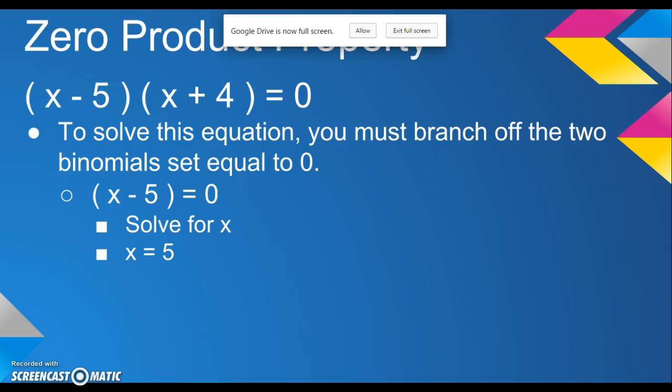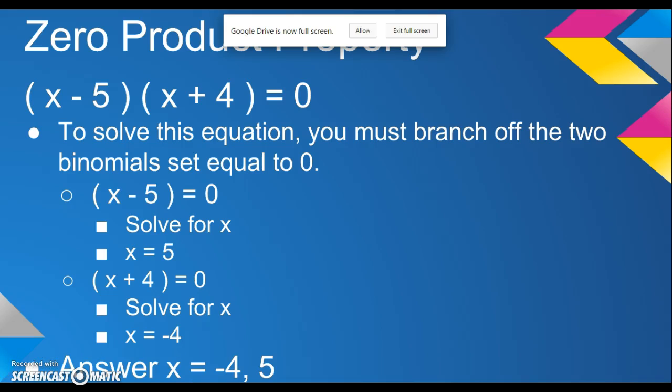The answer is 5. The second binomial is x plus 4 equals 0, and same thing here, solve for x. What plus 4 equals 0? The answer is negative 4. So x equals negative 4, 5. And that is the answer.